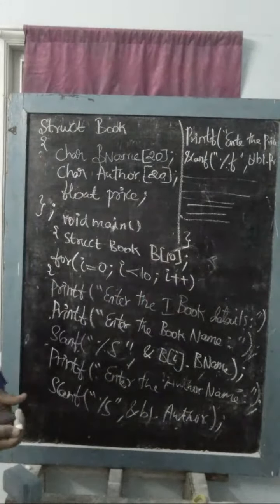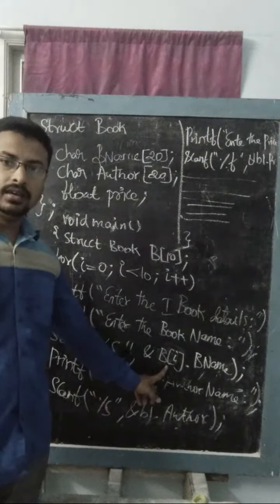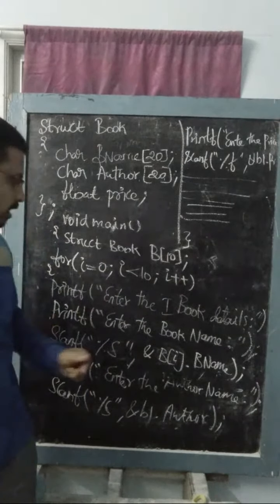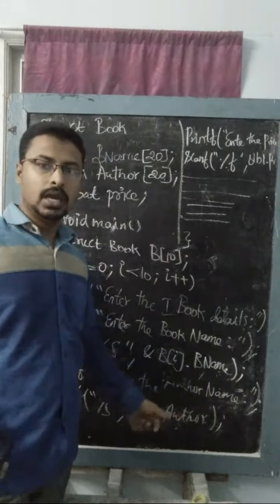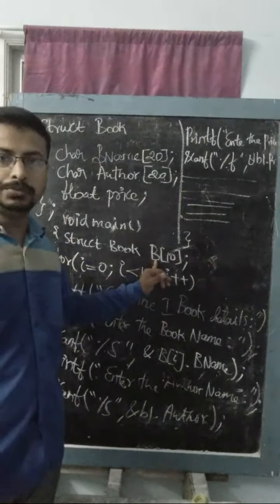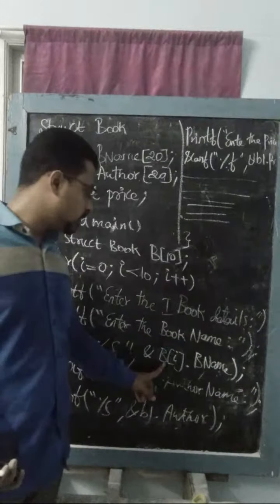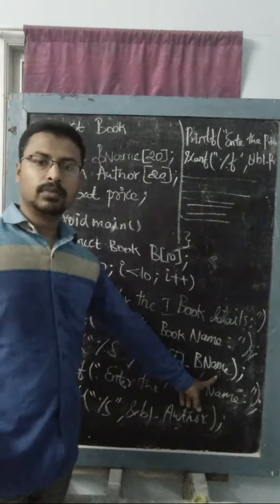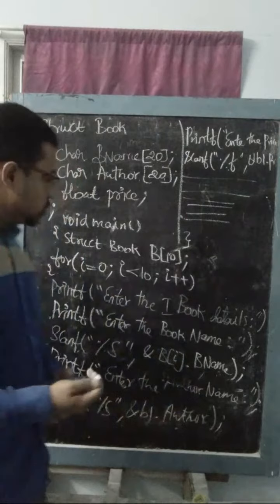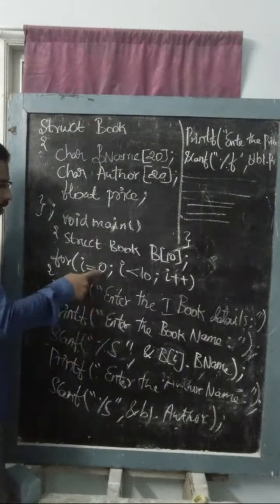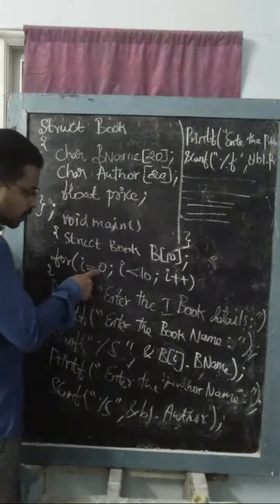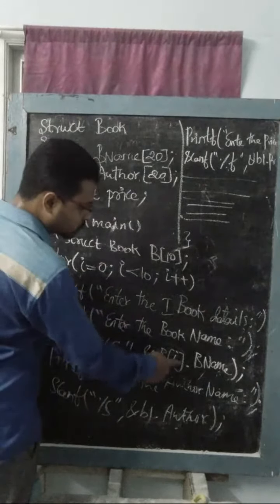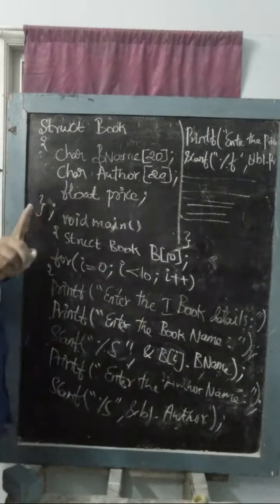You got it that? So instead of B, if a single object means we are giving B dot B name, but it is a collection of objects. So for a collection of objects, we have to give B of I dot book name. So in each and every iteration, if I is equal to 0, B of 0 dot B name, so the first book's details we can access.